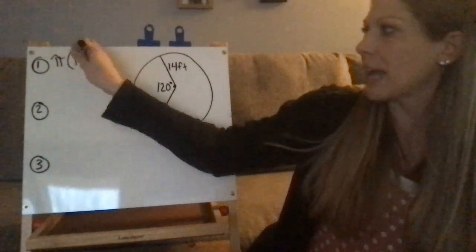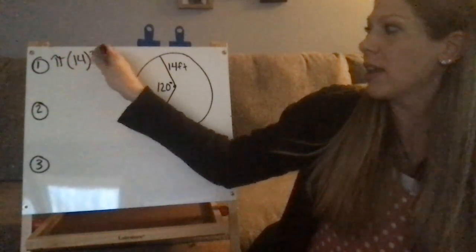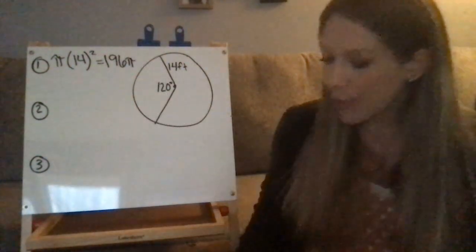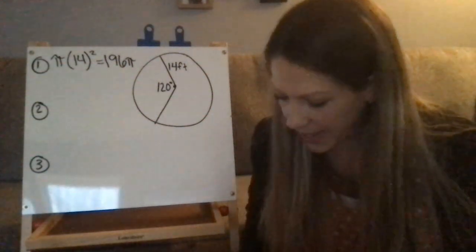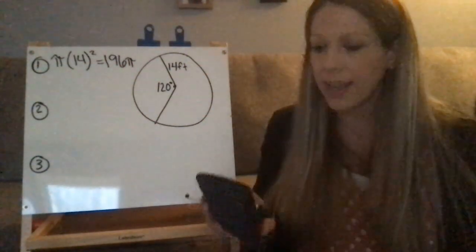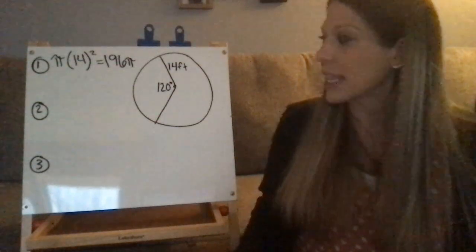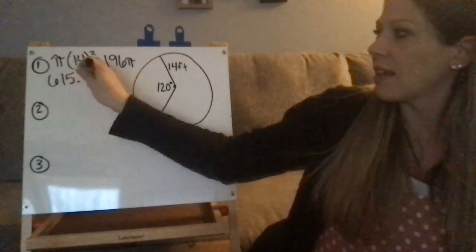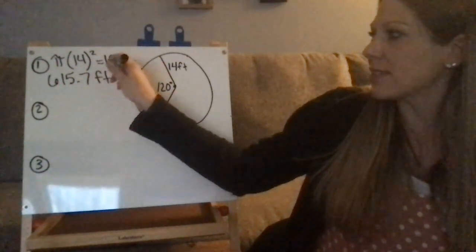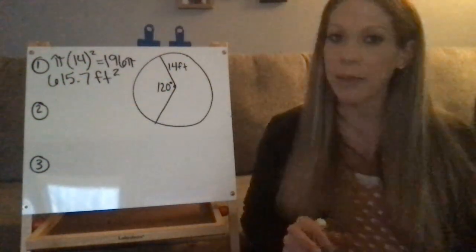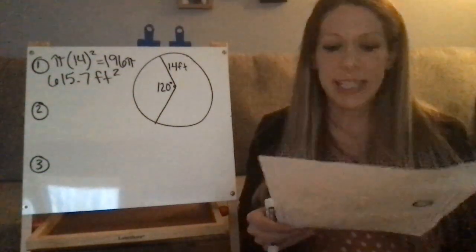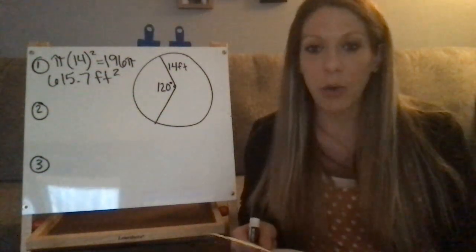So that's pi times 14 squared, or 196 pi. Let's go ahead and multiply that out so it's easier later on. That's about 615.7. And our units are feet squared because we're talking about area. So about 615.7 feet squared would be the area of that whole circle.